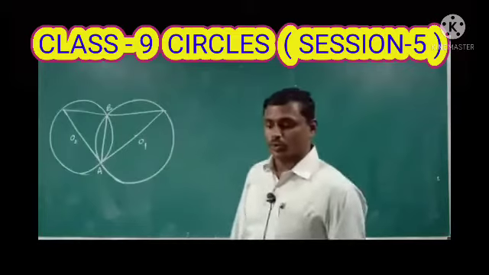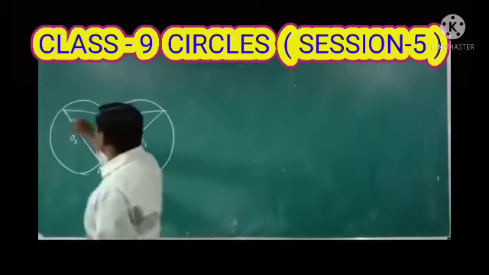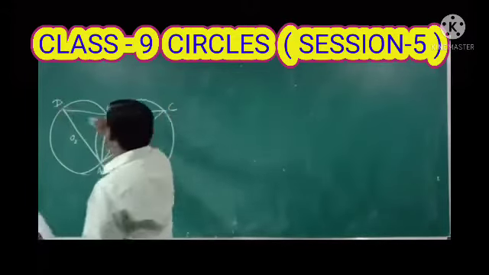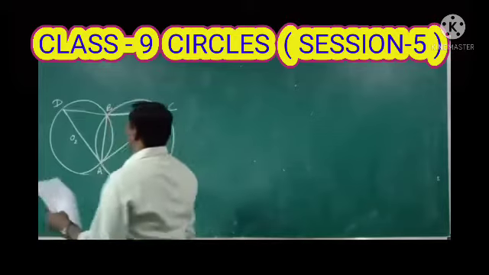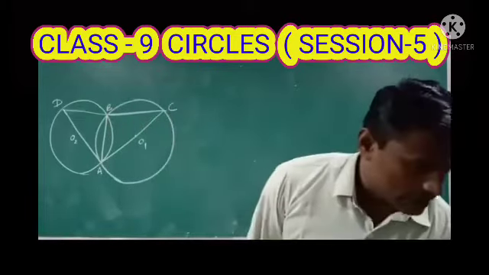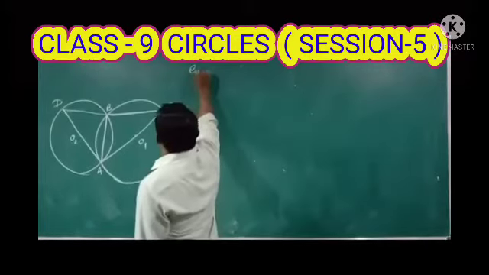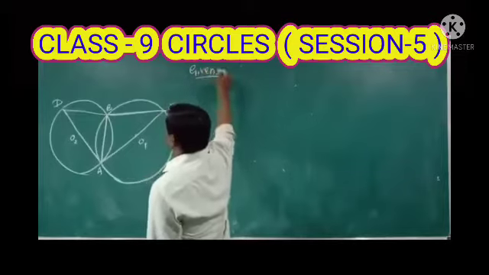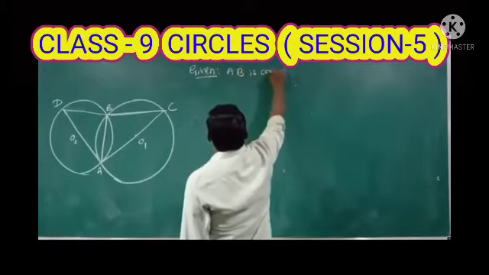What do you have to prove here? You need to prove that the points D, B, C lie in a straight line. Okay. So first write the given data. What is the given data here?